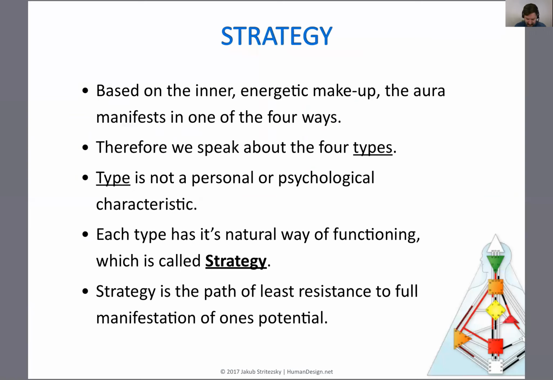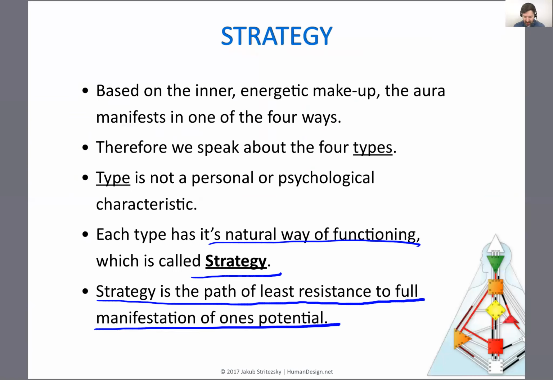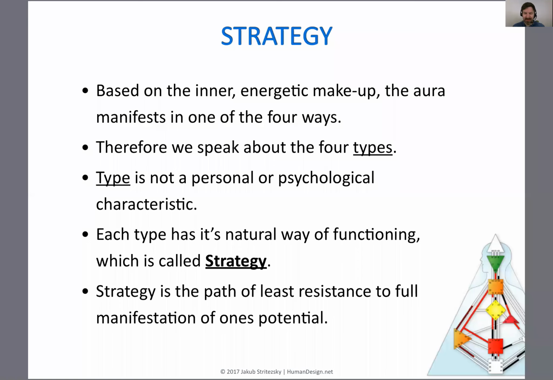Each type has its natural way of functioning, which is called strategy. I've mentioned that already. And the strategy is the path of least resistance to full manifestation of your potential. Strategy is a term that comes from the military, and the purpose of strategy is victory.